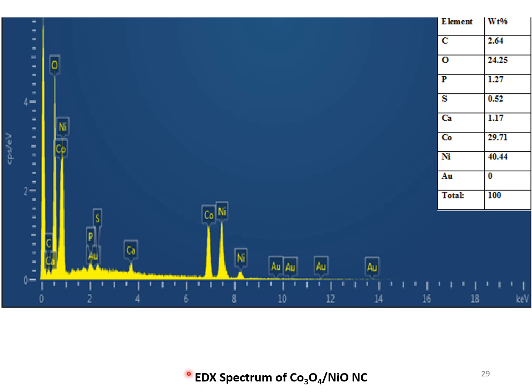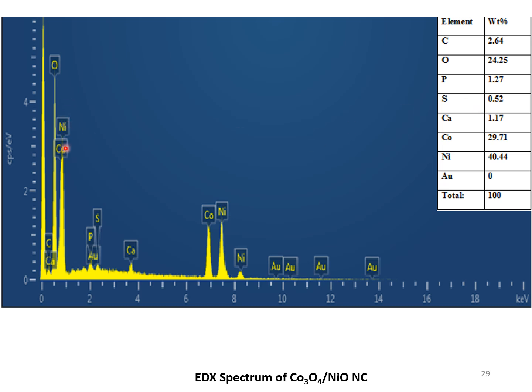We have also done the EDX analysis to find out the elements present in the nanocomposite, and this EDX study shows both qualitative as well as quantitative profile of the nanomaterial.